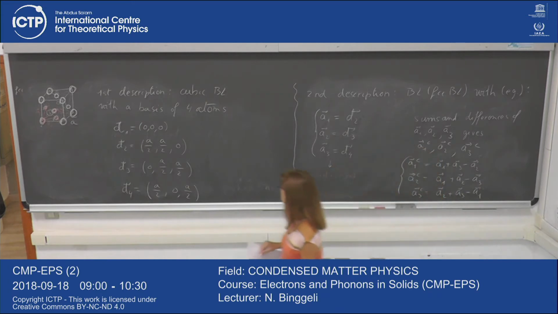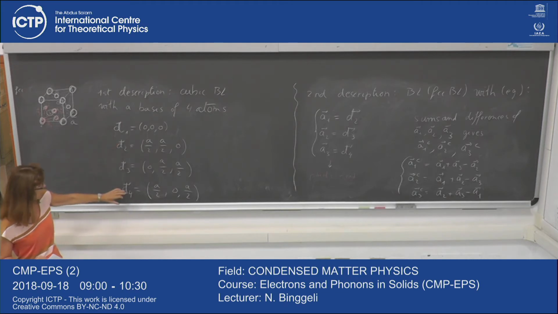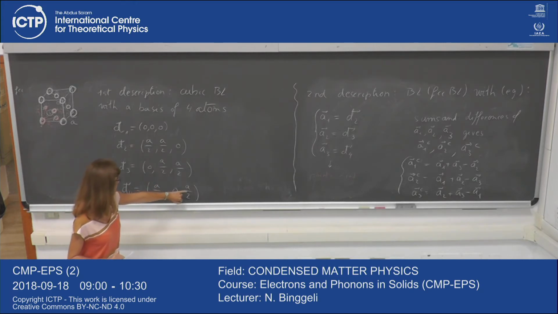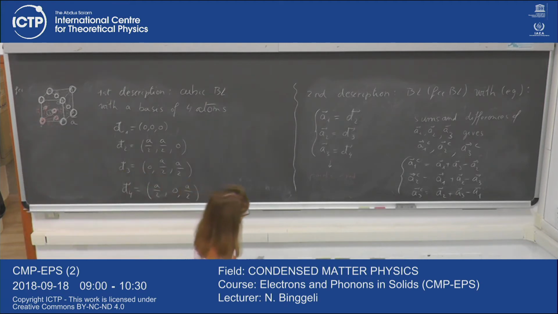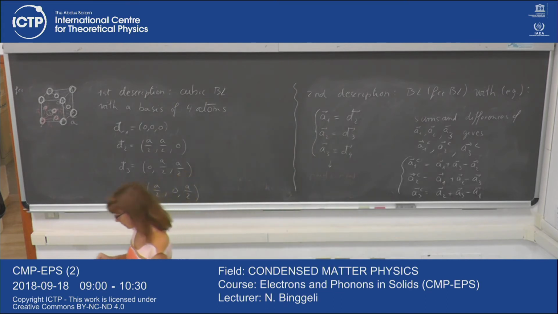So if I do A2 plus A3 minus A1, I obtain 0, 0, and A. So I indeed obtain my three primitive vectors of the cubic lattice, and given that, it's clear that starting from these four atoms, I can obtain all atoms in my FCC lattice. So it is indeed a Bravais lattice, and for instance, the primitive vectors could be these three vectors.